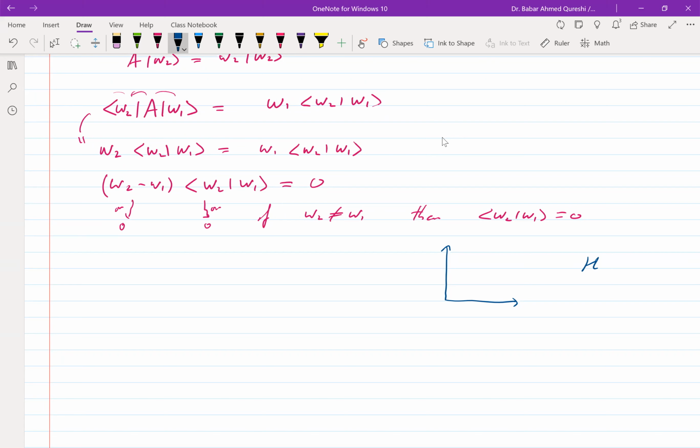So you have a subspace, you have an eigenvalue W, you have a corresponding two-dimensional subspace, if you have two linearly independent eigenvectors, then they don't need to be orthogonal. Any linear combination of these two is also an eigenvector. So you can pick two non-orthogonal vectors over there.